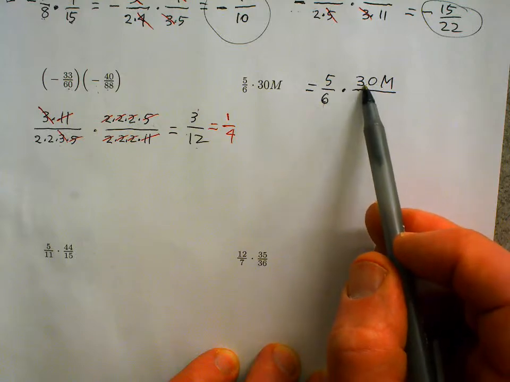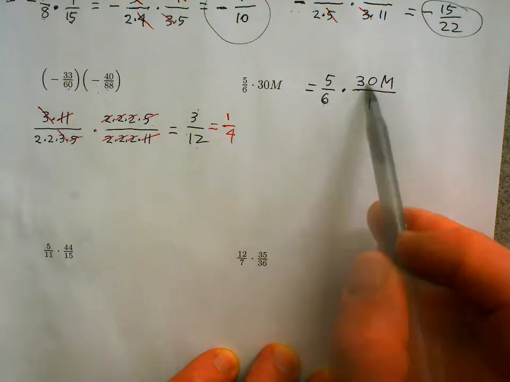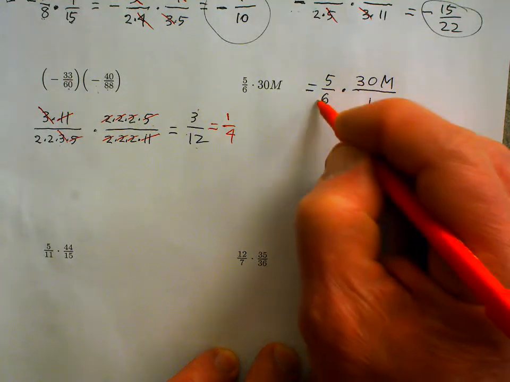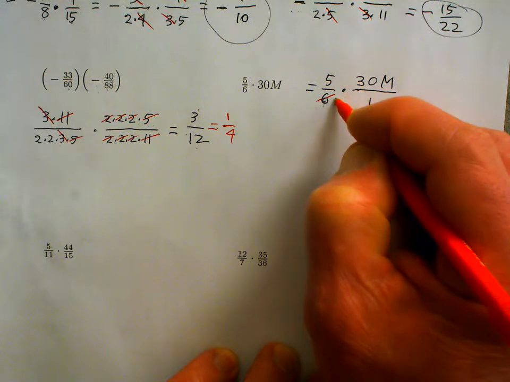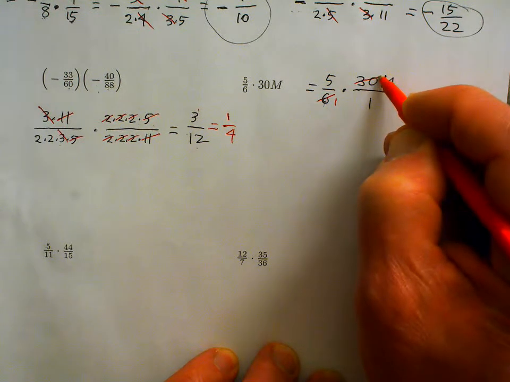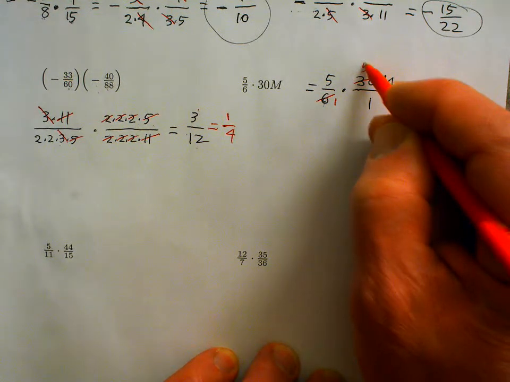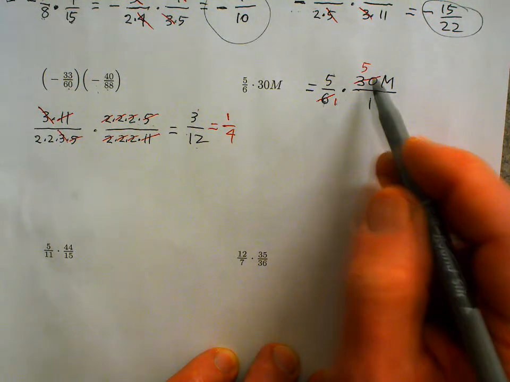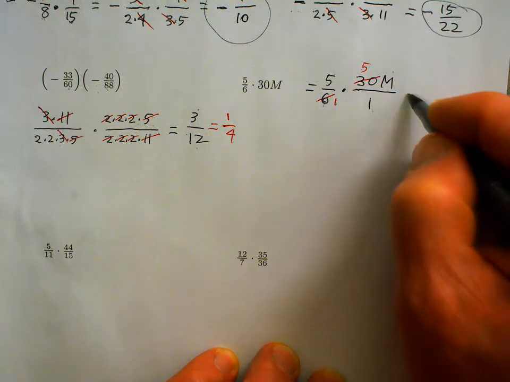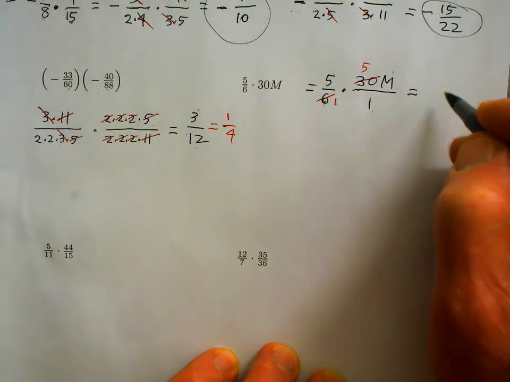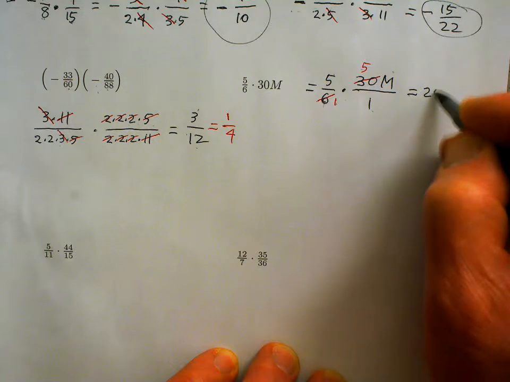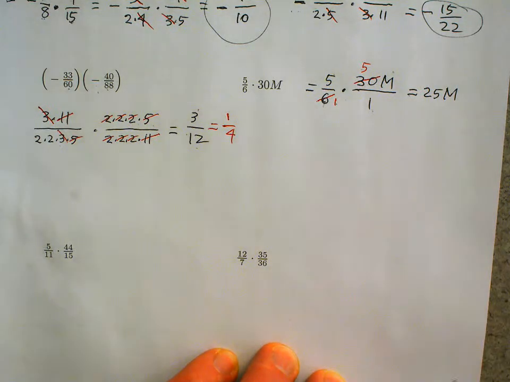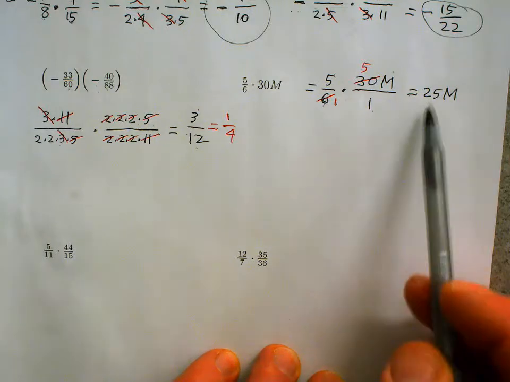And in this numerator, 6 is a factor of 30. So we can say, well, 6 goes into 6 once, and 6 goes into 30 5 times. So now we just have 5 over 1 times 5m over 1, which is 25m over 1. But anytime the denominator is just 1, we don't need to write it. So we just leave this as 25m.